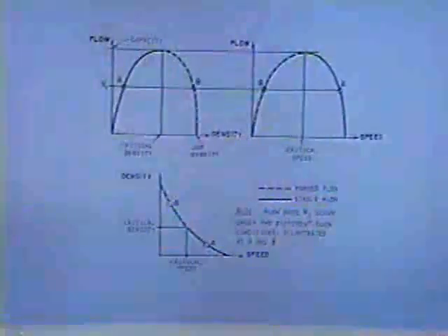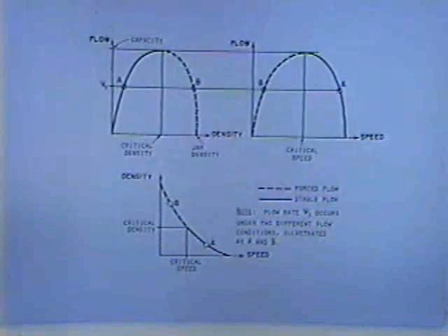Now the curves that I was talking about are shown on this slide, and they're on page 1611 in your reference guide as well. But these show the basic relationships between speed, flow, and density.